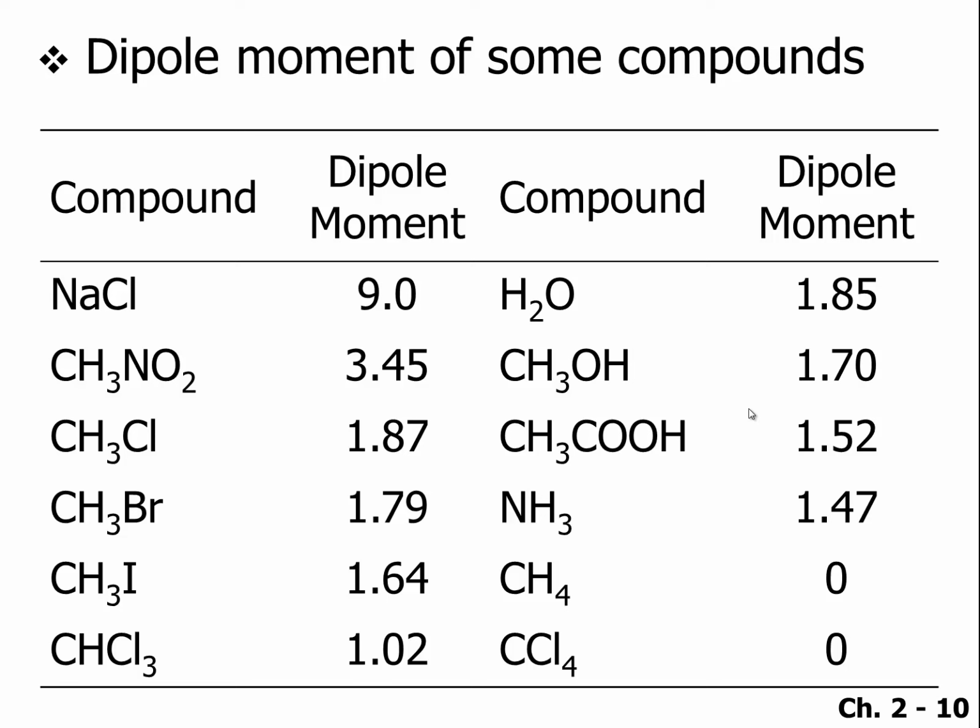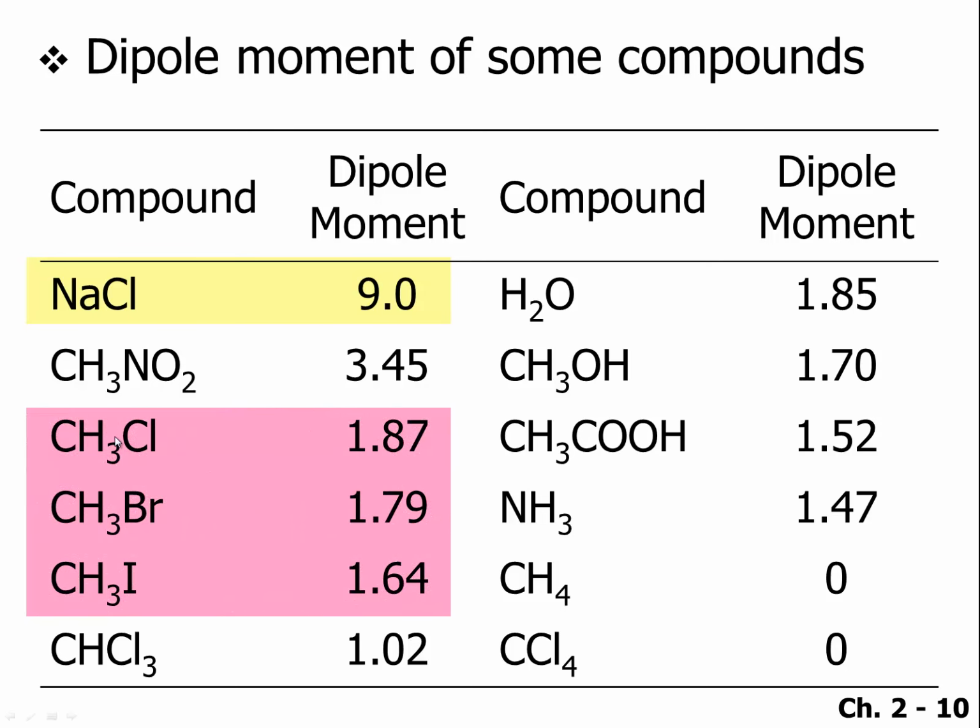So rather than doing the calculations and figuring out the debye, which are the units we would give for the dipole moment, we're not actually going to do the math on these. You would imagine that something like a salt would have a very high dipole moment, and sure enough, it does, because here we've got two different charges, so we would expect a large dipole moment there. We can also look at a series of halogens.